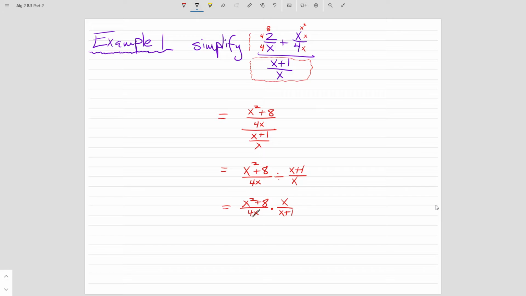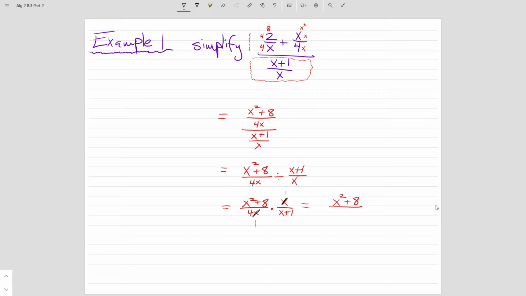So I have an x that I see can cancel or reduce out. And honestly, that's it, because x squared plus 8 doesn't factor. And there's nothing for 4 to cancel with, so we did what we could. That's all right. So my top is going to be x squared plus 8 times 1, so x squared plus 8.